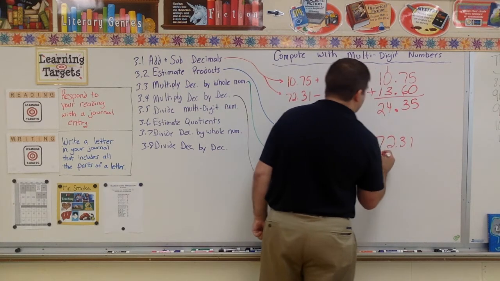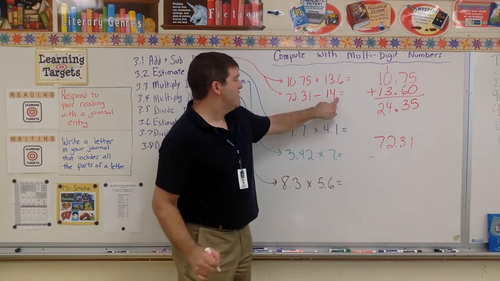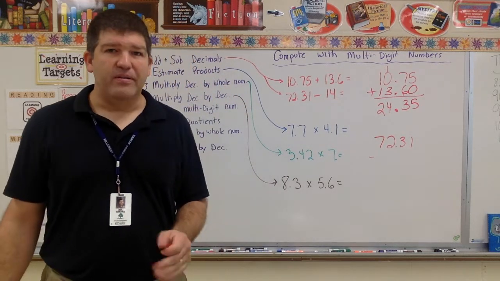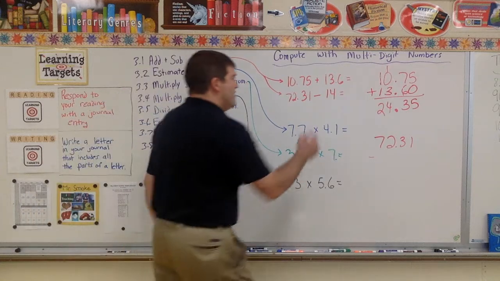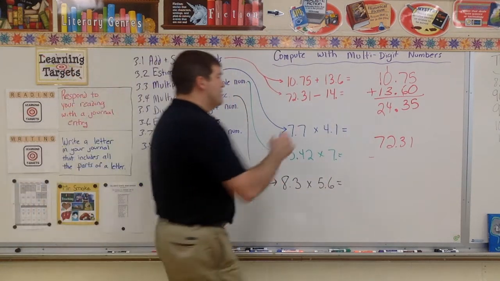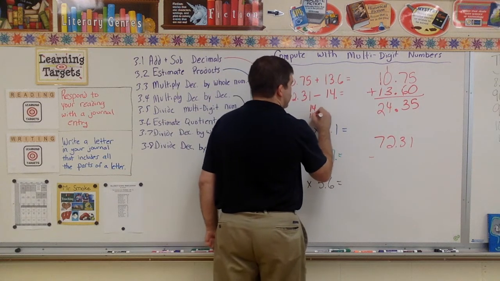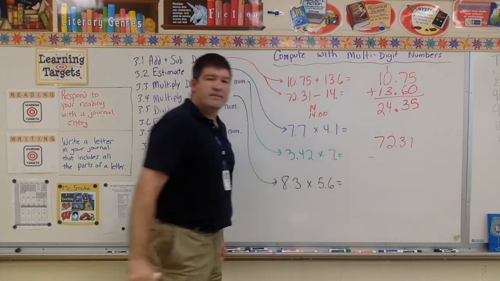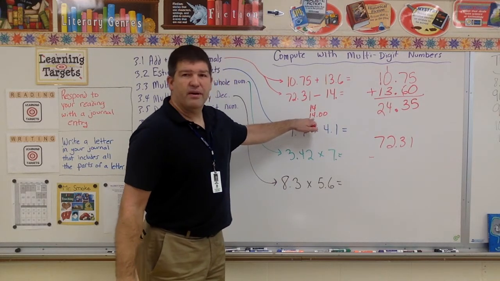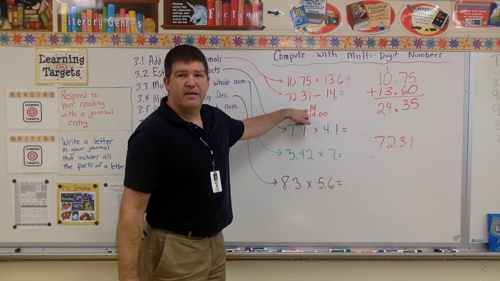72.31 minus, now, this 14 here looks like it doesn't have a decimal, but every number has a decimal. It's right at the end, like a period of a sentence, because 14 is the same as 14.00. I could say like $14, and I would write it this way, or I could write $14 this way.